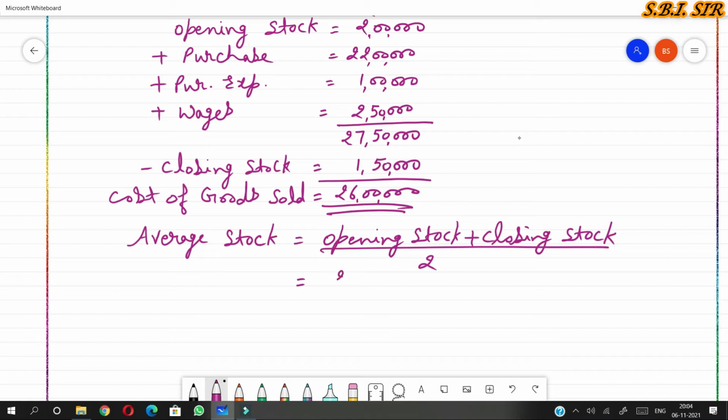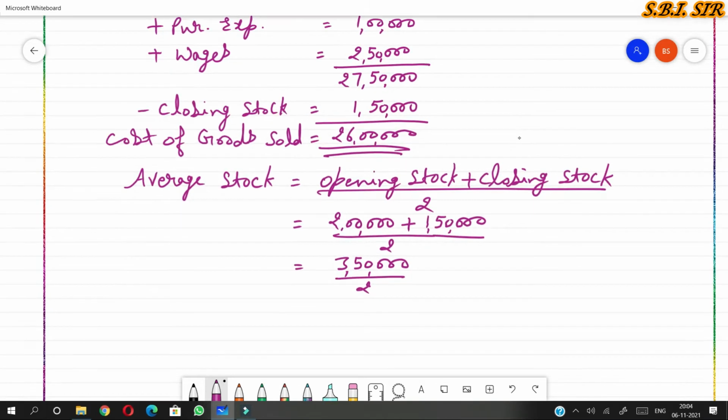Opening stock is 2 lakh plus closing stock is 1,50,000 divided by 2, so 3,50,000 divided by 2, we will get 1,75,000 rupees.